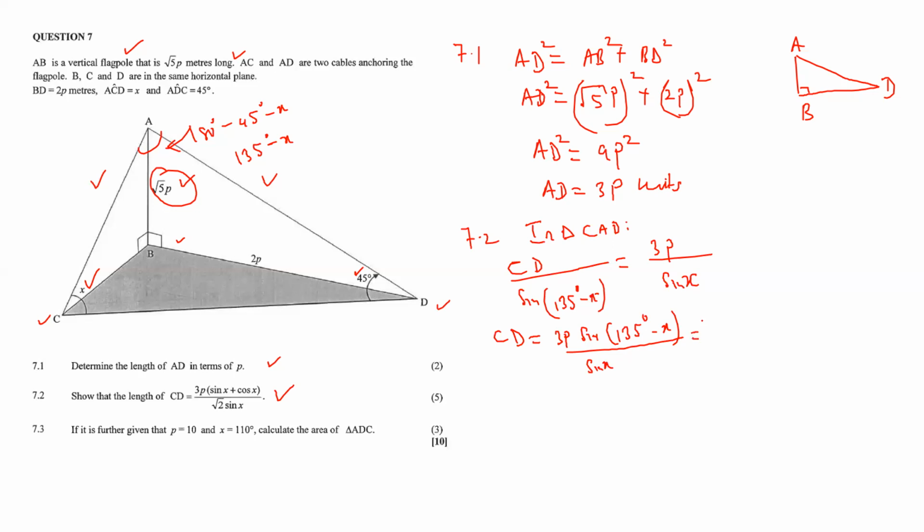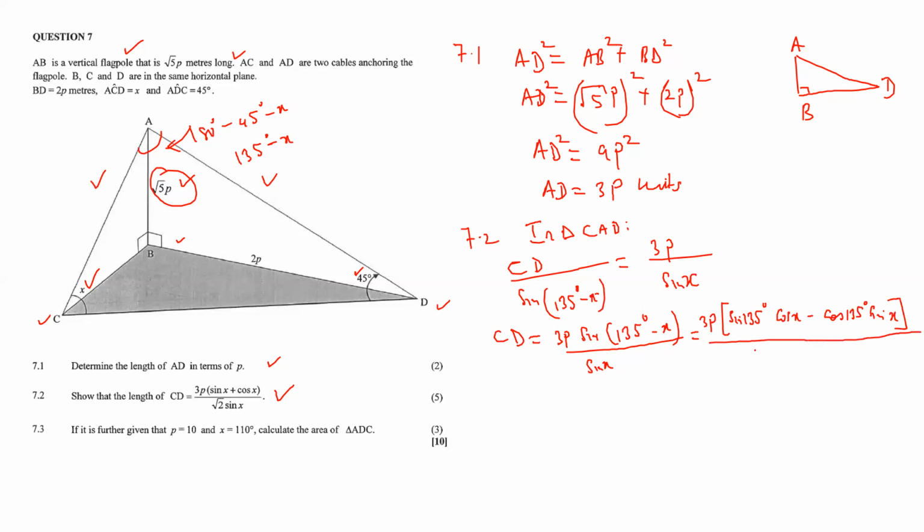So what is this? This is actually 3P into, the sine of 135 degrees, cosine X, minus the cosine of 135 degrees, sine X. You close your bracket.